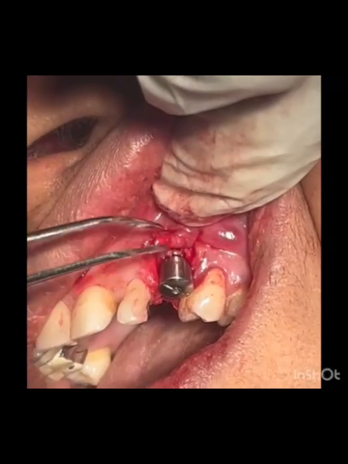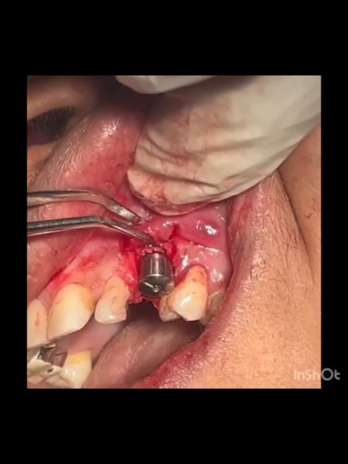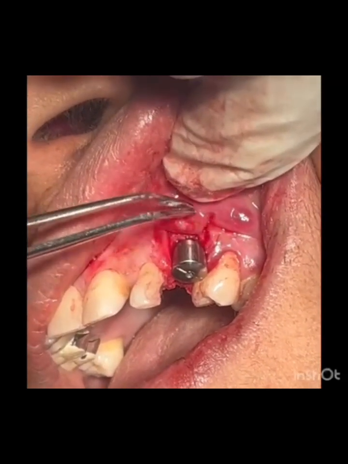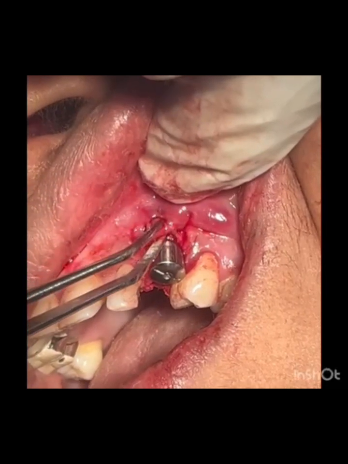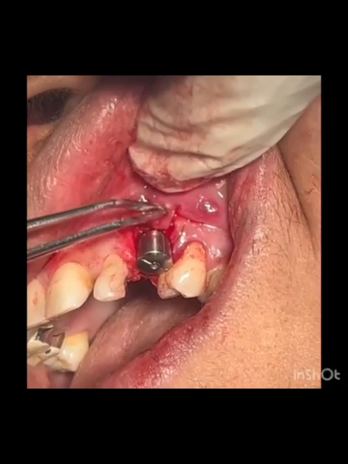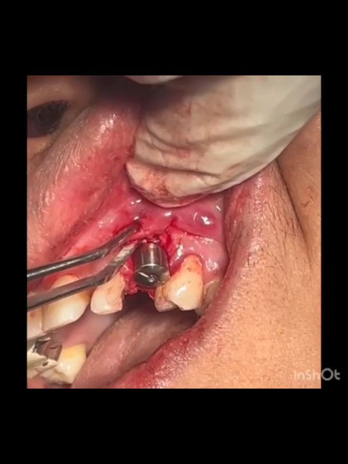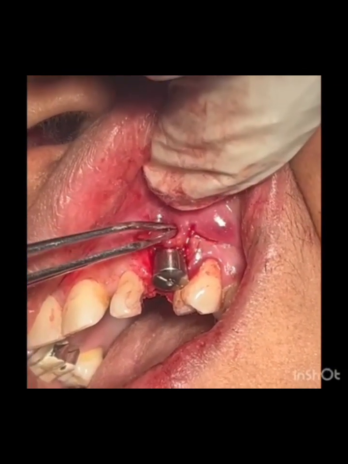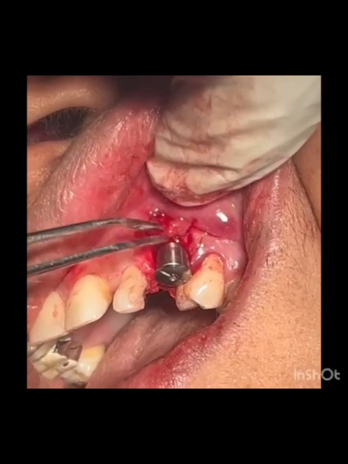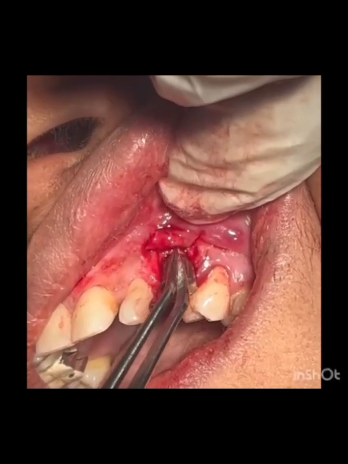So that's it, it's a rolled flap. A flap that has been rolled inside. It's called a roll-on flap, especially designed to increase the soft tissue thickness over the implant in such cases of implant which has got enough support from all the other sides and bare minimum support from the labial side.